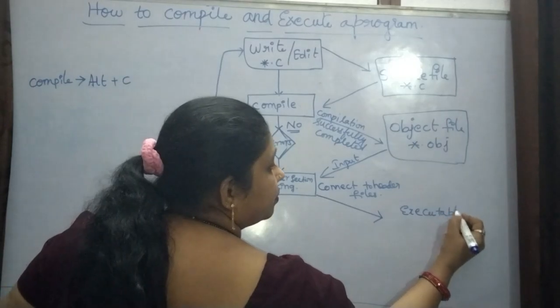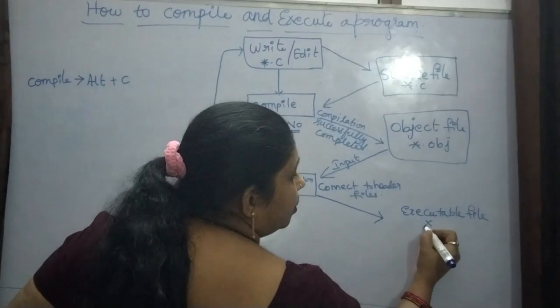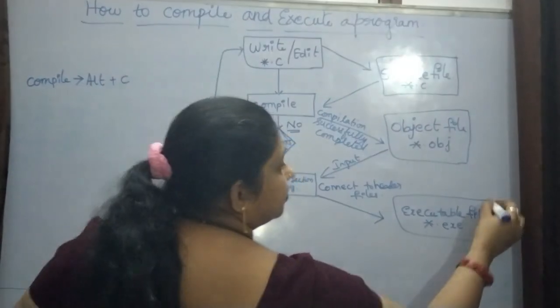Executable code, an executable file. Now the .obj file changes to .exe, right?